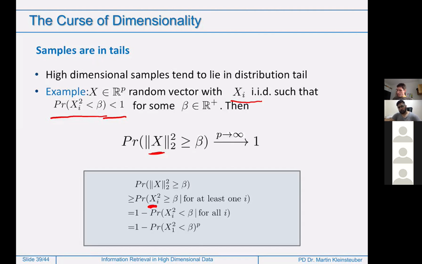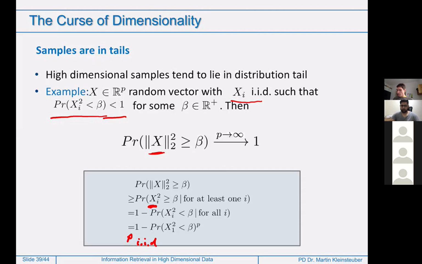And here we go for the IID distribution. So that means that this probability is the same for all of the i, and we can bring that together. And this is the probability of xi squared being smaller than beta, to the power of p.